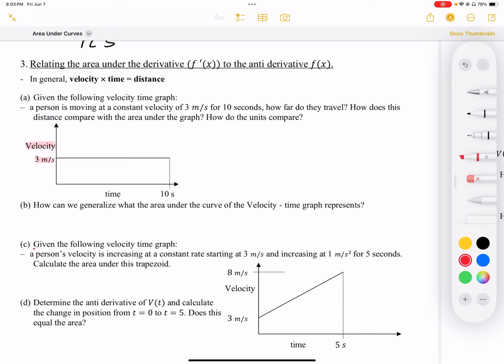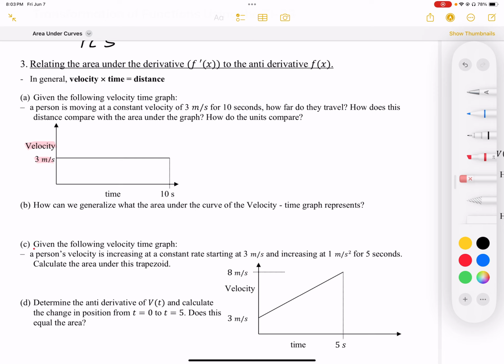And what we've now established is that if I want to find the displacement, I could also say that that is exactly the same as the area that we find underneath this velocity function.